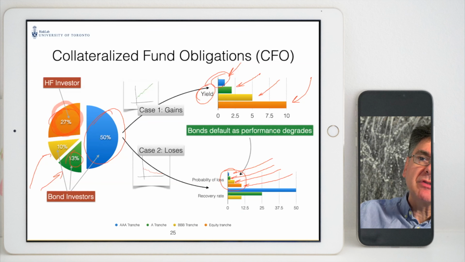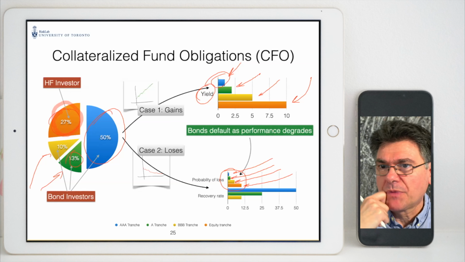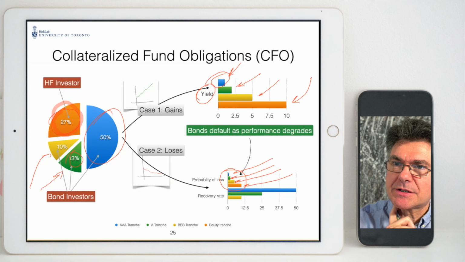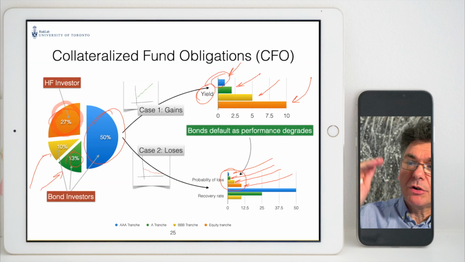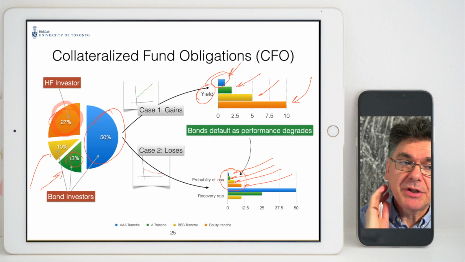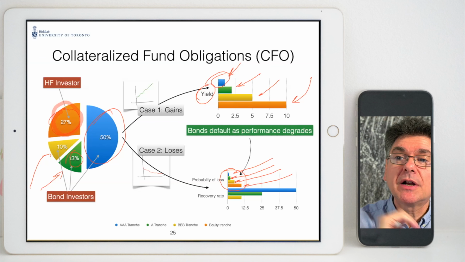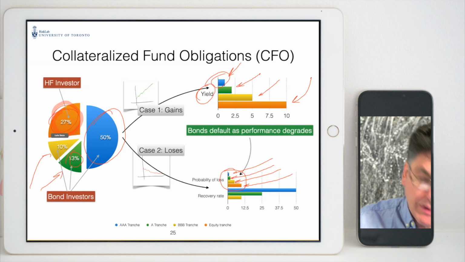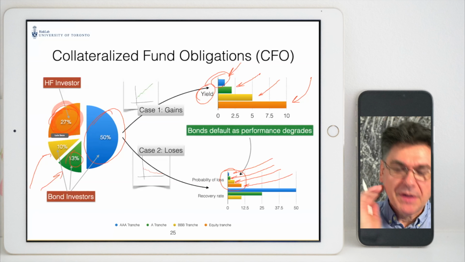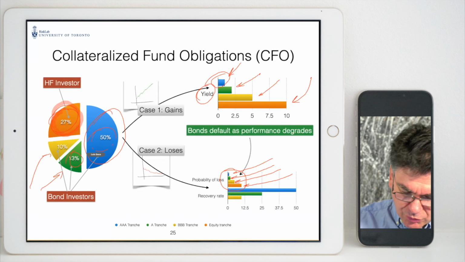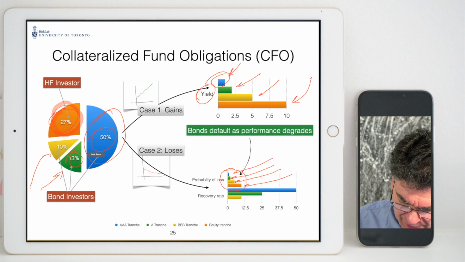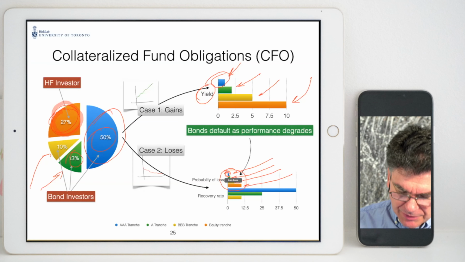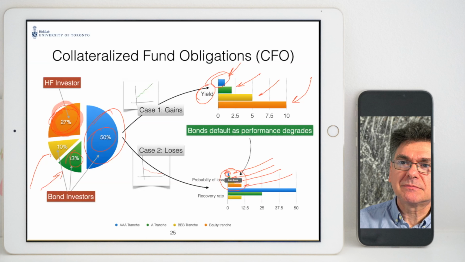So this 100 million has obligations to those. But the obligations are ranked. Some people have high priority, and some people have low priority. You have the lowest priority because you are the equity investor. You are the first to lose. The blue one is the last one to lose. That's where the probability of default is the smallest, right here. You see?